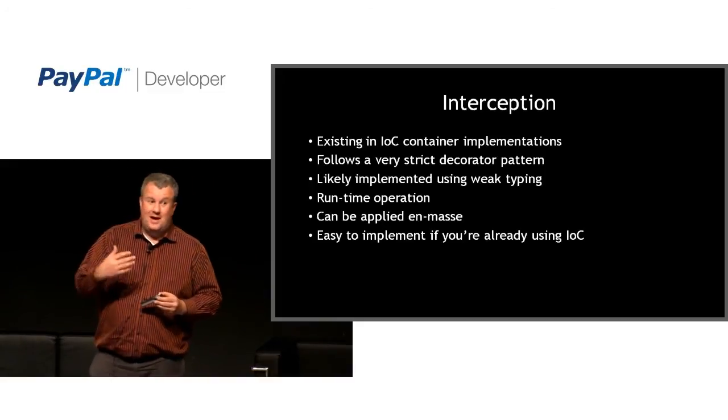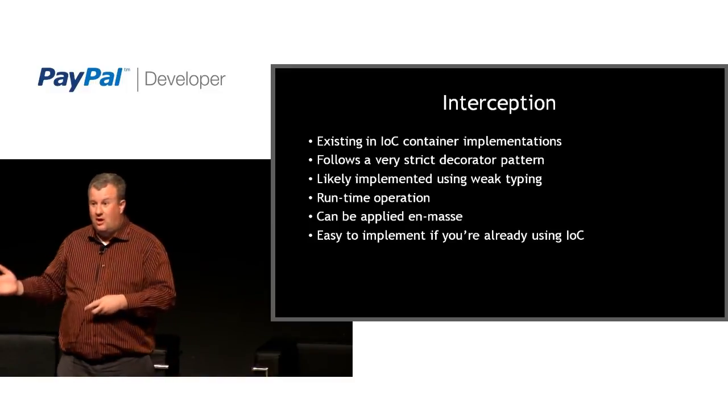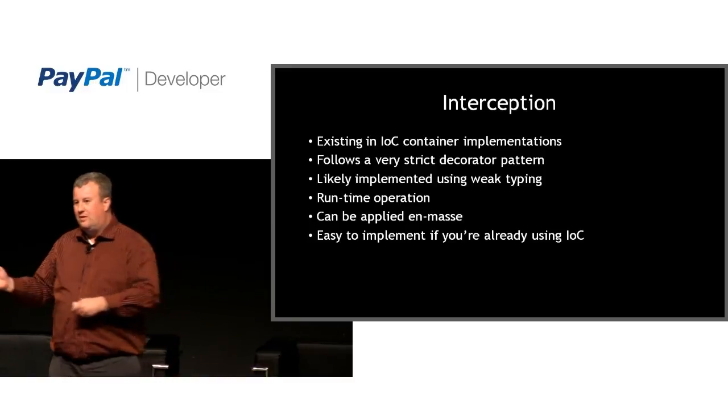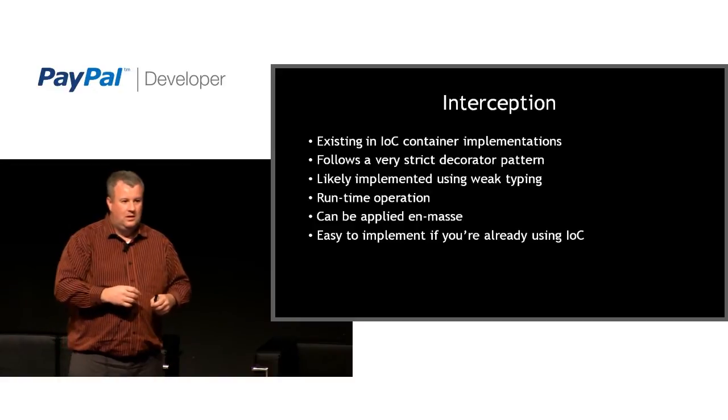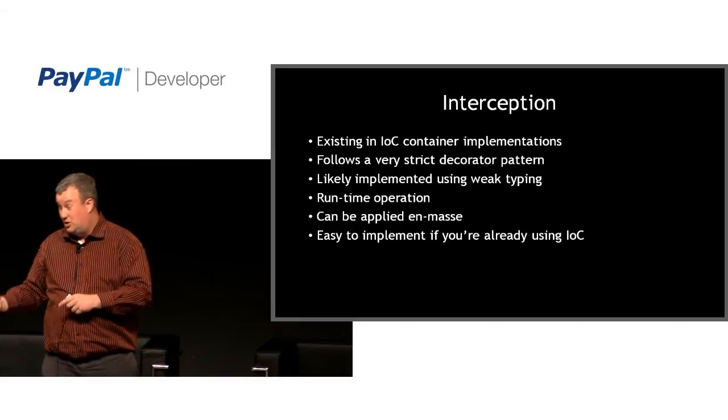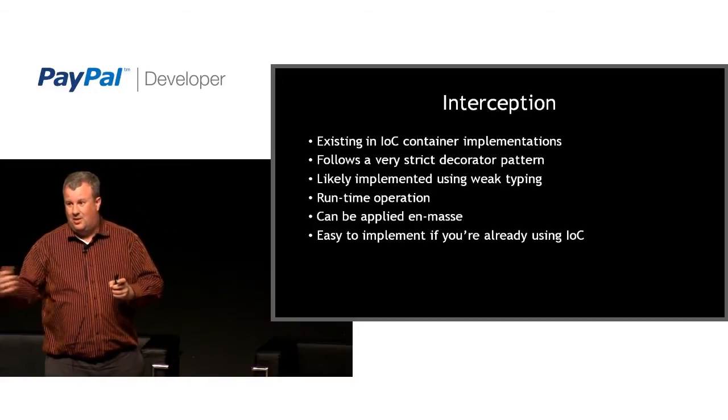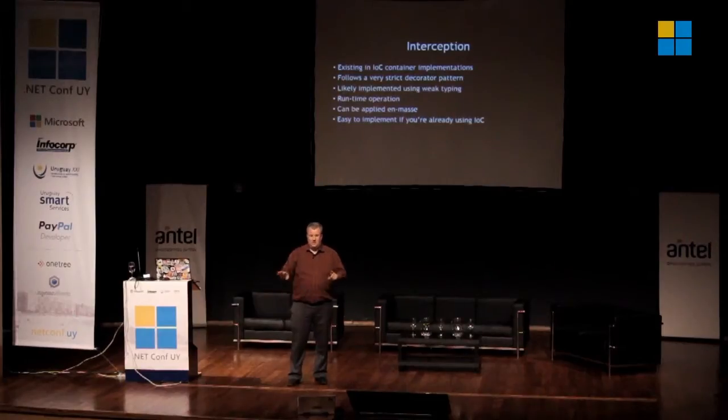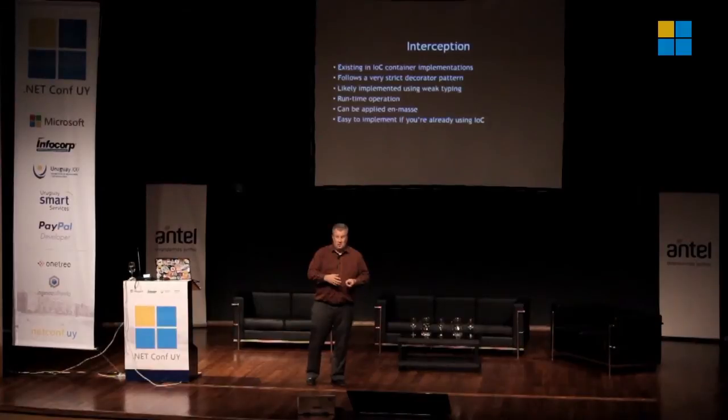If you're familiar with IOC containers, you can register objects into them and say, register everything from this namespace and apply this aspect to it. And you're done. All your classes in your services namespace now have logging, or whatever aspect you've put onto them. It's that quick and easy. The danger there is that because they're weak typed and only getting objects out of them, you may have some problem with unexpected types as a result of that.